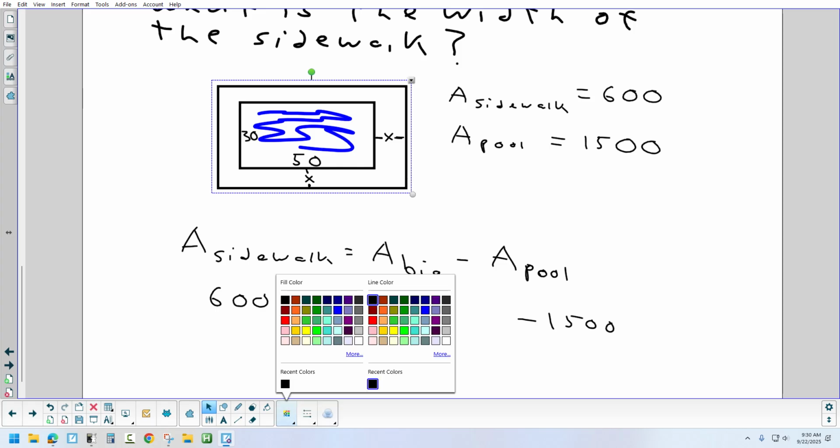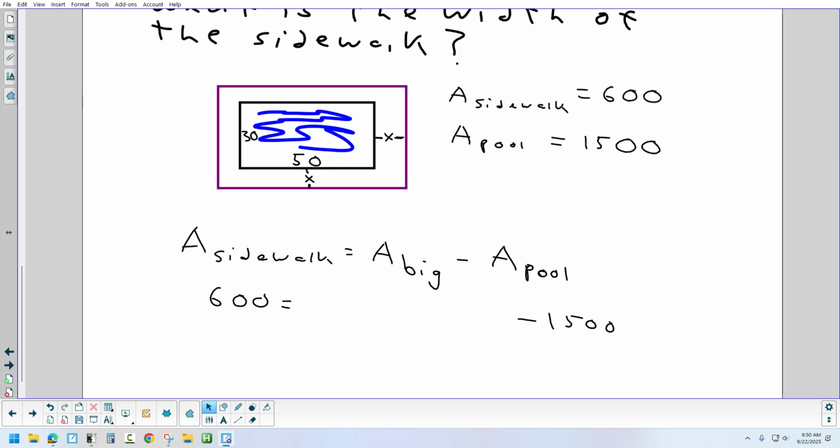Let's make it the purple rectangle. Okay, so I need the area of the purple rectangle. What's the formula for area of a rectangle? Length times width.